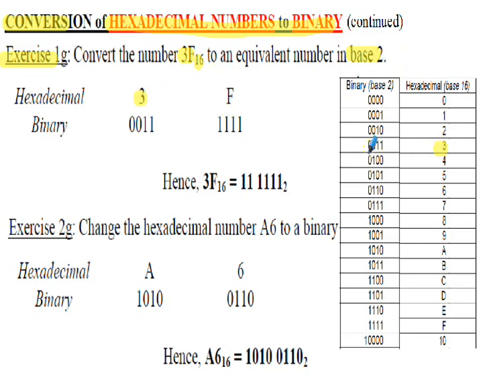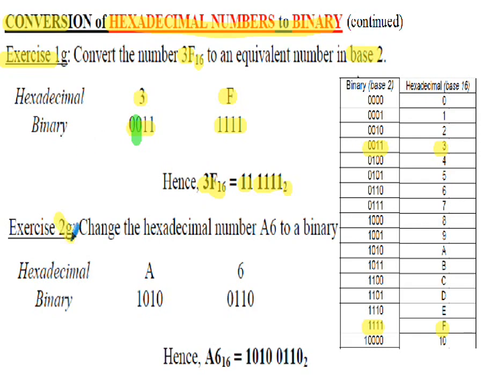So 3 in hex is 0011 in binary, so that's the first part of the number. And then F in hex, going down our columns here, is 1111 in binary. So the solution is 3F in base 16 is 111111 in base 2. Notice again I've omitted the 2 leading zeros here as they have no significance in their value.